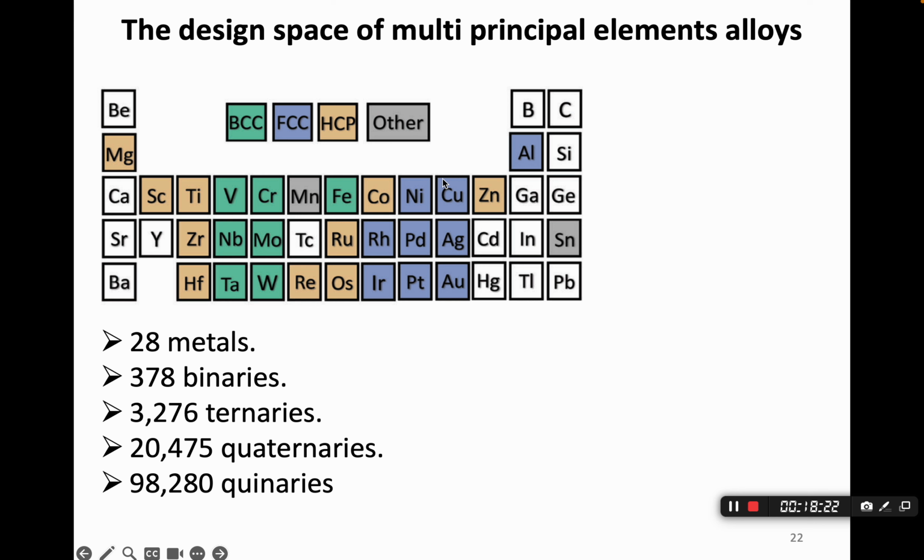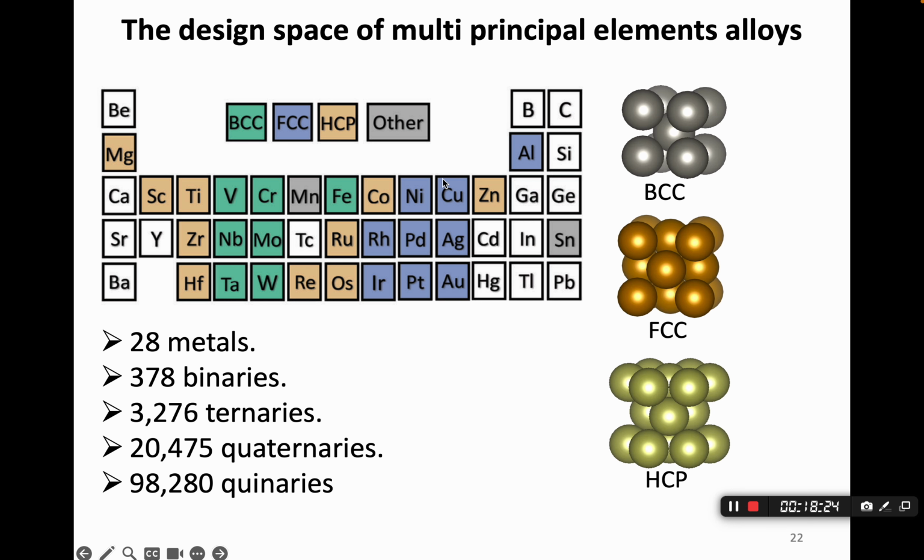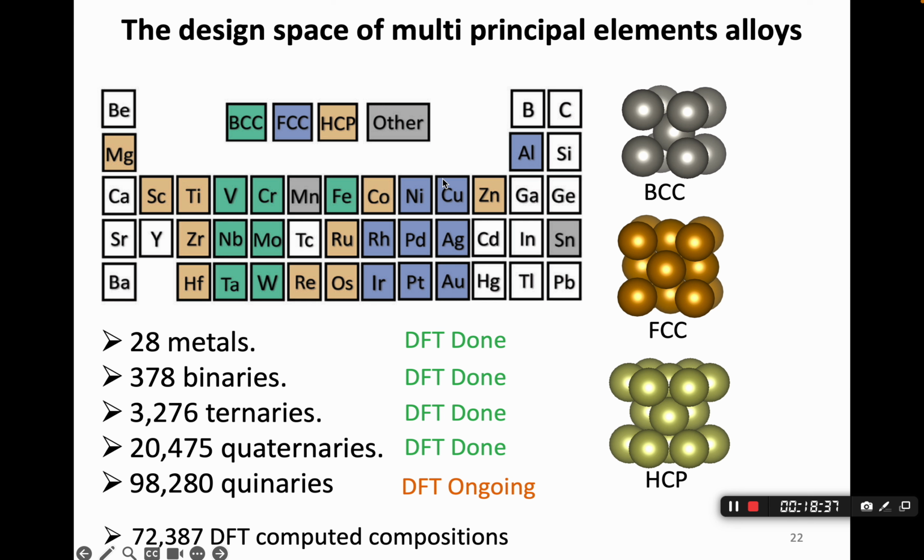We actually calculated all of them up to quaternaries, and for quinaries, we have some sampling strategies to calculate only the synthetically accessible ones. This is work done by my first PhD student.